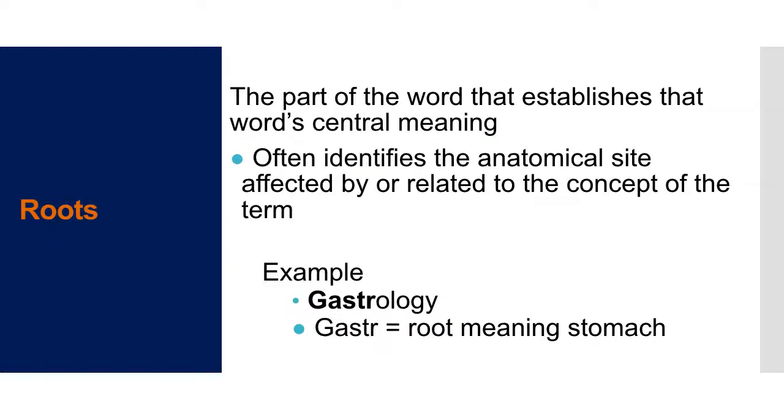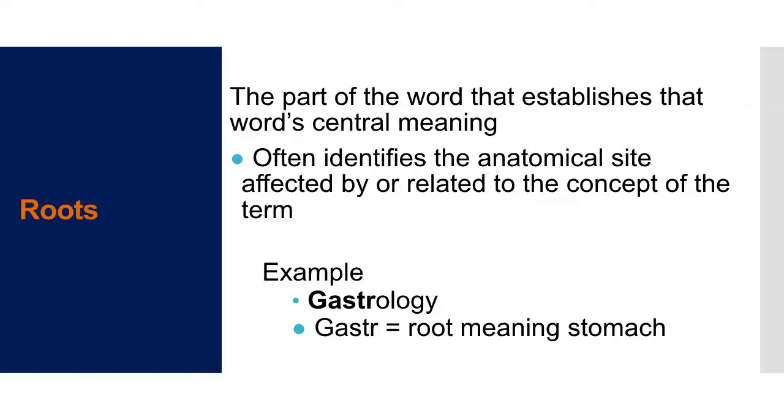Now, the root is the center of the word most often, and this often identifies the anatomical site affected by whatever is going on. Remember that in medical terminology, we are referring to something that might be wrong with the patient, such as a diagnosis, or we might be discussing something that was done to the patient, a procedure.